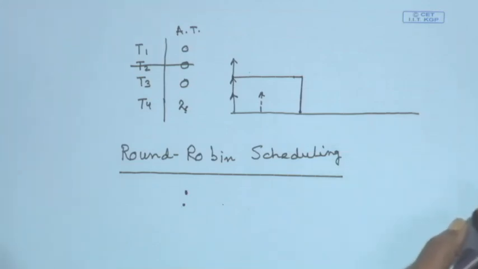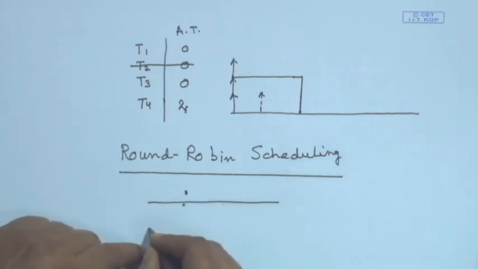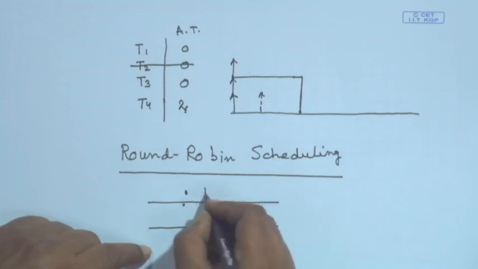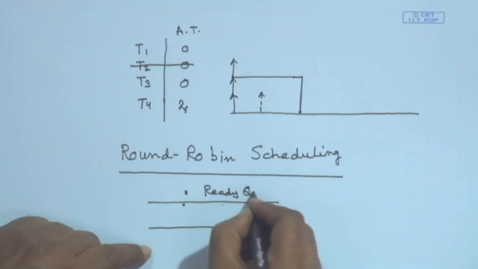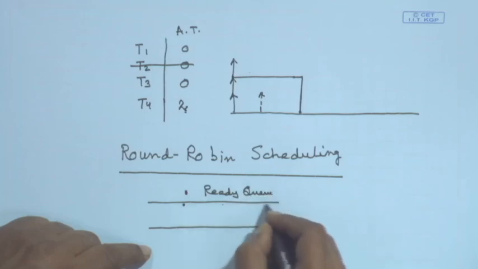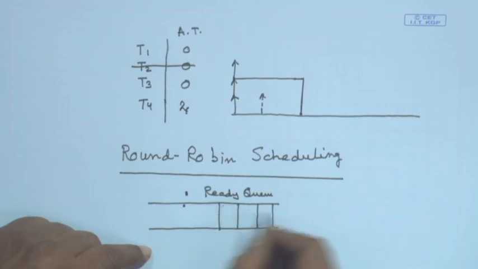Round robin, essentially what happens is, there are tasks in my ready queue, all right. There is a queue which holds all the tasks which are ready to be executed, waiting for getting the CPU, all right.